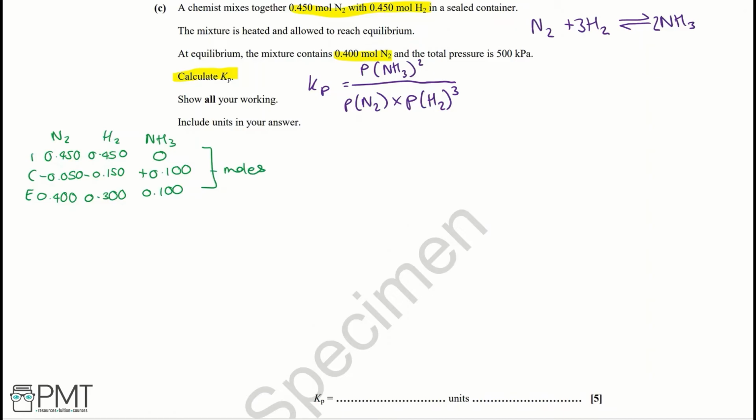Then we need to work out the partial pressure. So partial pressure is the mole fraction multiplied by the total pressure.